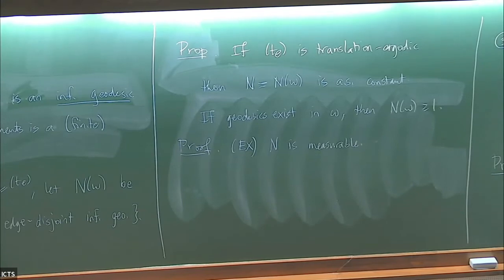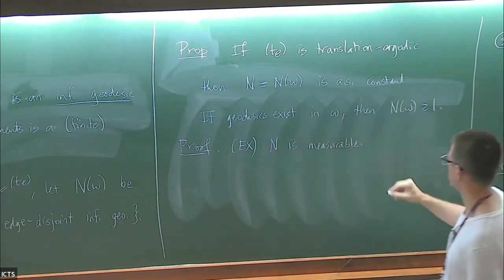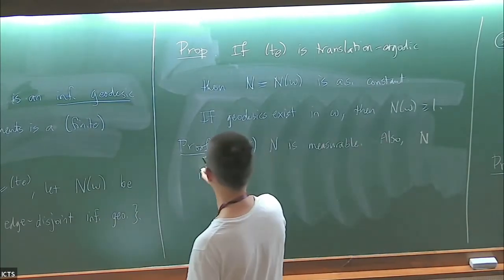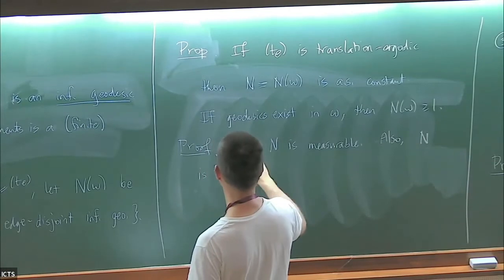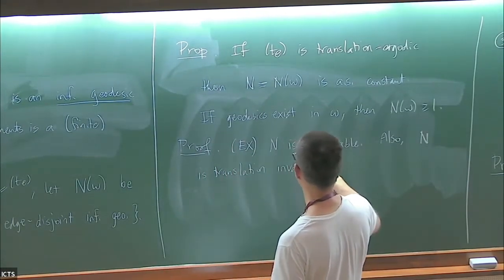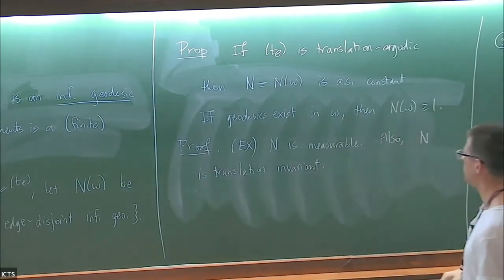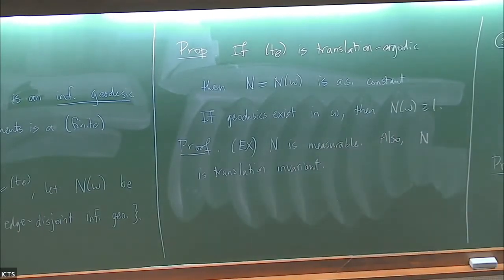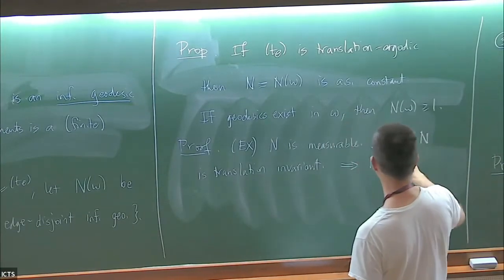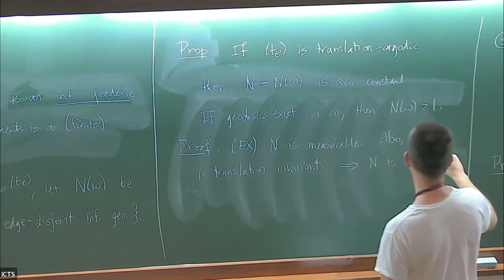So the maximum number of edge disjoint geodesics remains the same. Also, n is translation invariant. Okay, well, any measurable translation invariant function is going to be almost surely constant if you assume that this underlying distribution is translation ergodic. So this gives us that n is almost surely constant.